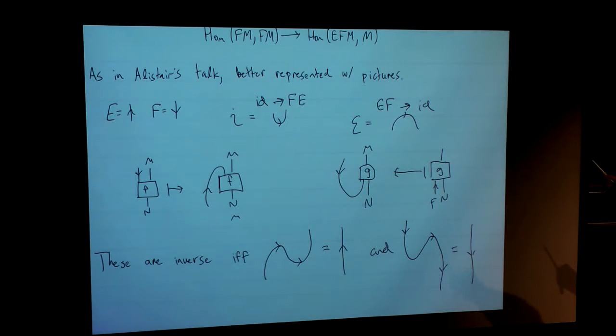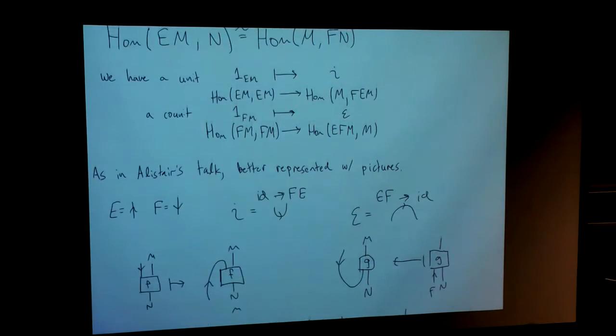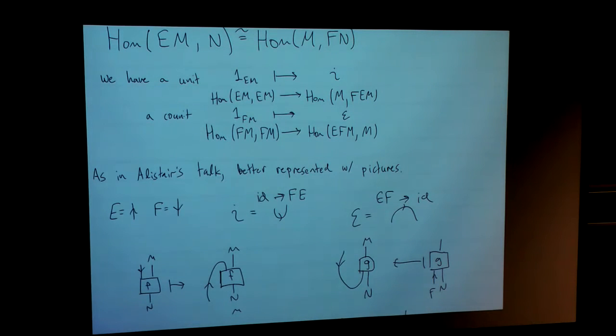Once I have these, it's easy to draw the picture of how the unit and the co-unit give you the isomorphism up here. Right, so if I have a Hom from N to EM, I can come here and attach the cup.